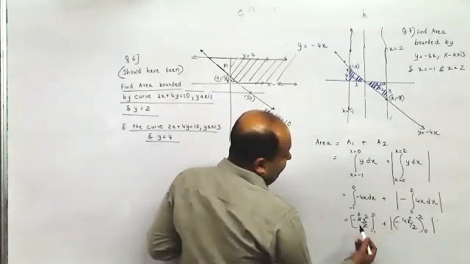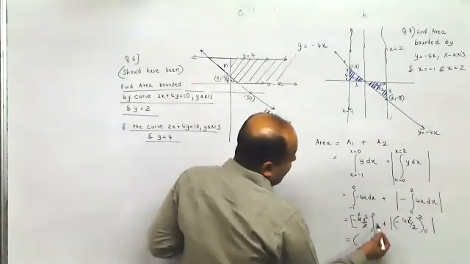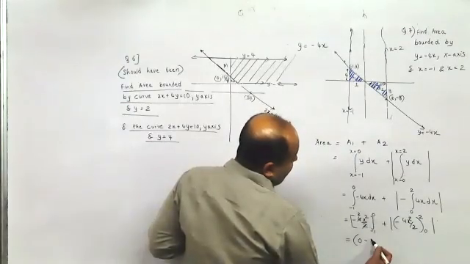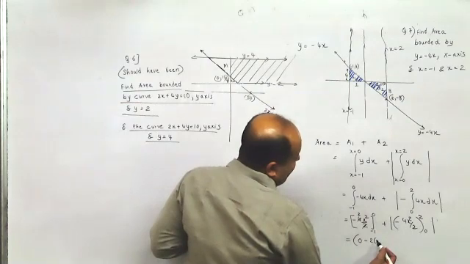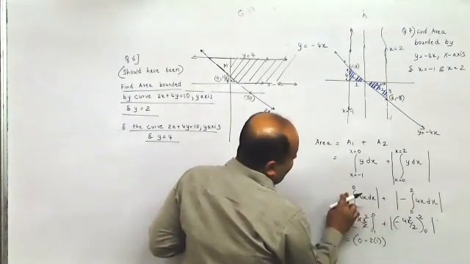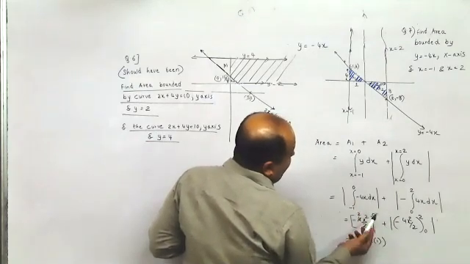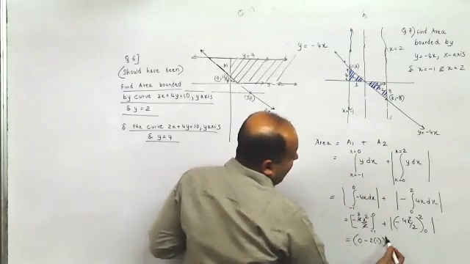When I put 0 over here, it would become 0, and then 0 minus 2x square, so minus 2 into minus 1 square. So that would be 1 itself. Now put this also within the mod. Actually, this shouldn't have been within the mod, but if you get the answer as negative, put that within the mod.